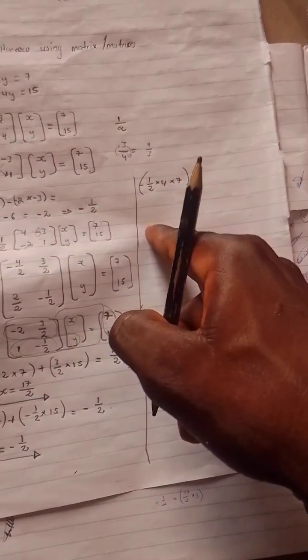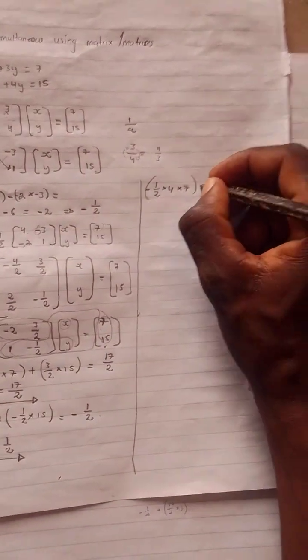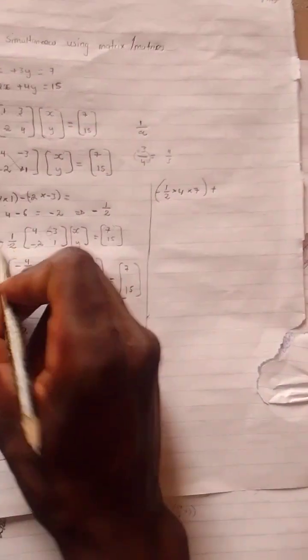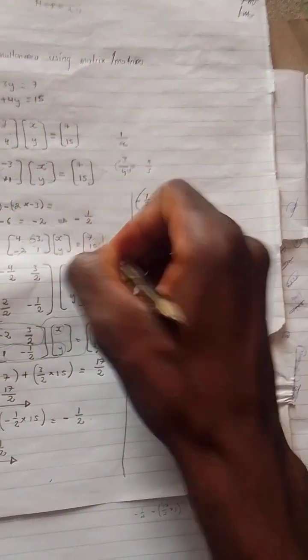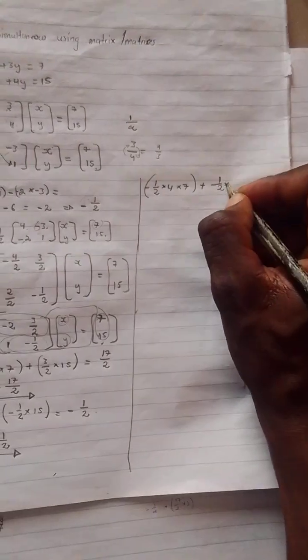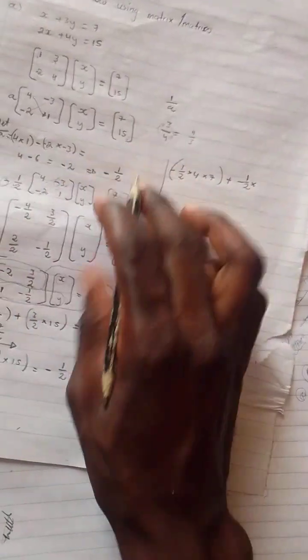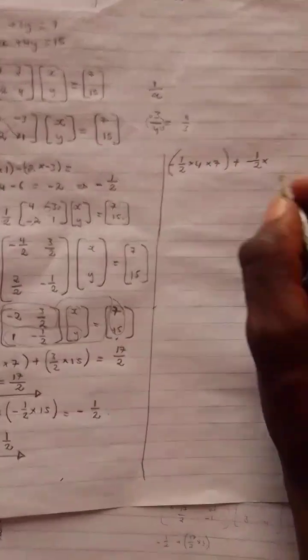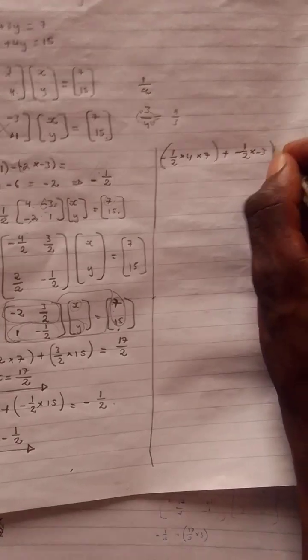Then you are finding the value of x, right? And then you add what again, this one multiplied by this one, and then multiplied by this one again. Then you say negative 1 over 2 multiplied by negative 3, which is here, negative 3.